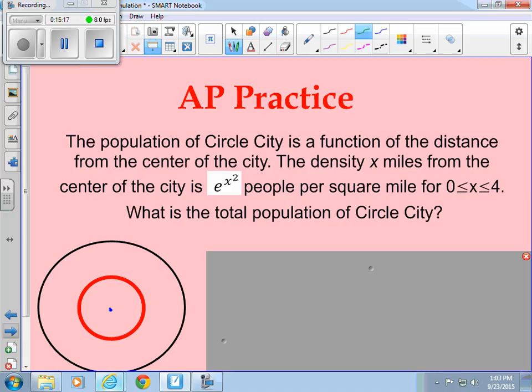How many of you just want to integrate from 0 to 4, right? If we did that, would you agree that you would get the population of that little strip? You just get a strip of the population. Does that make sense?